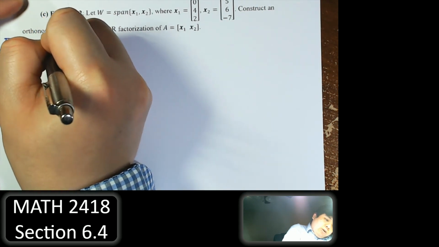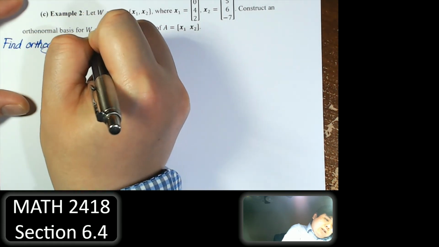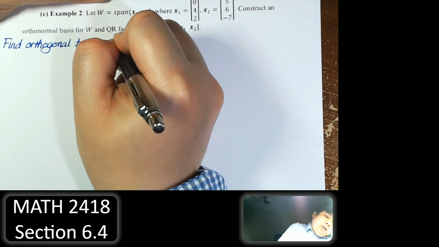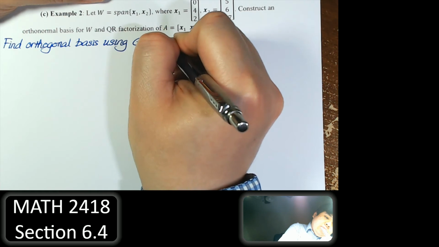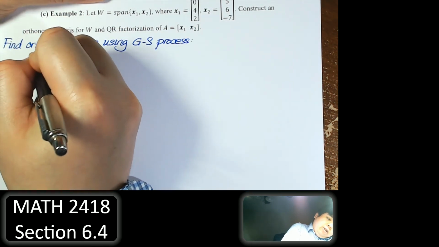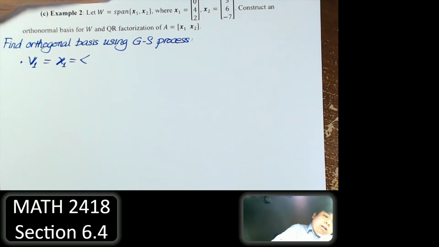Find the orthogonal basis using the Gram-Schmidt process. V1 equal to x1, which is 0, 4, 2.